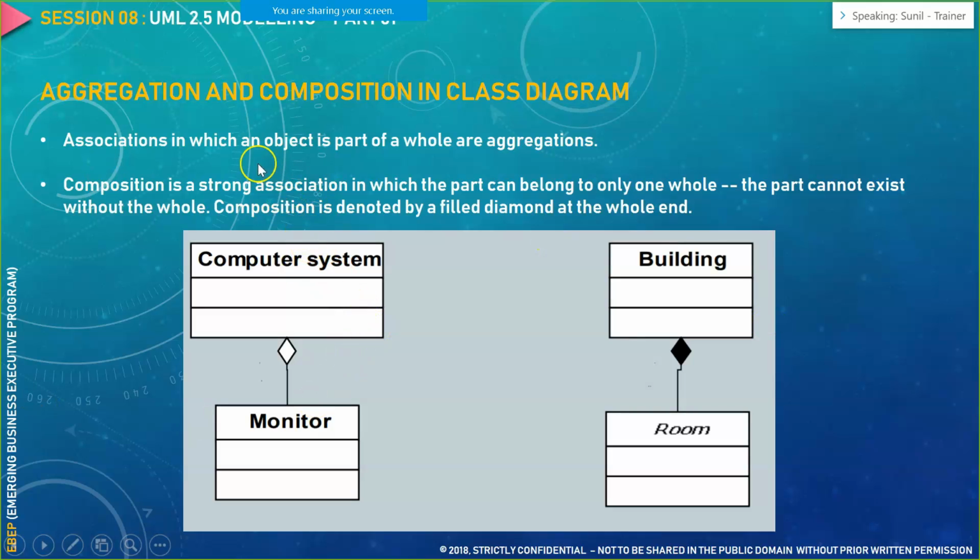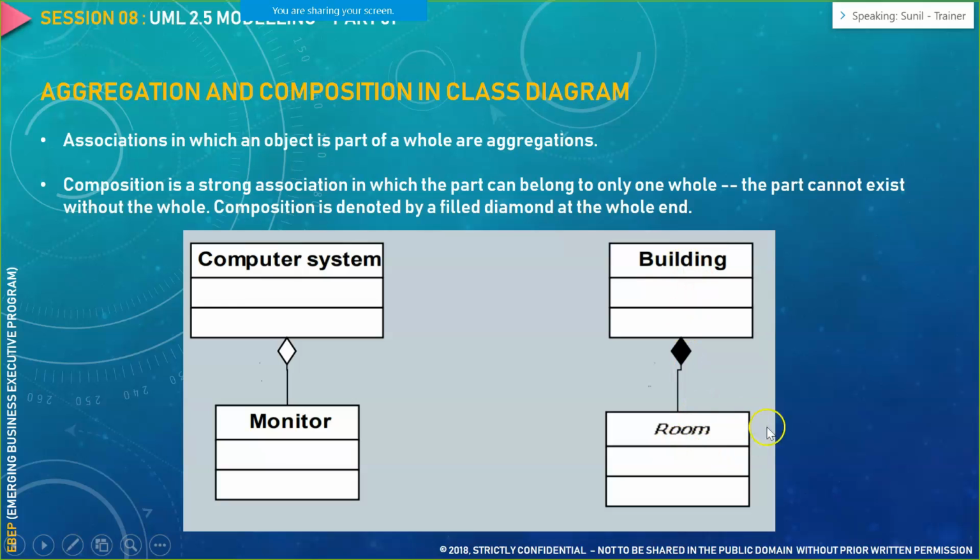Now then there is something called aggregation and composition in a class diagram. What is aggregation and what is composition? Composition is an association in which the part can belong to any one whole object, and the part cannot exist without the whole. For example, a computer system would have a monitor, a keyboard, a mouse, and then only a computer system would be built.